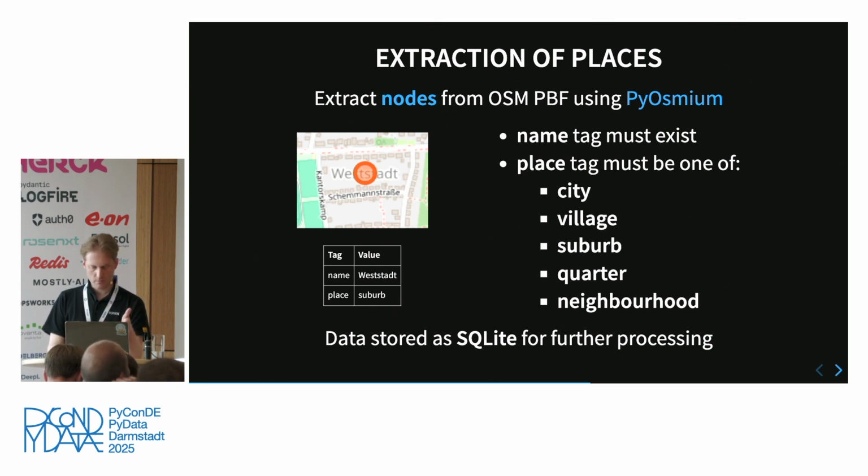So with PyOsmium, I'm selecting certain nodes to extract the places. So they must at least have a name tag, and they must have a place tag, which is one of the values shown here, which correspond to a location, like city, village, suburb, and so on.